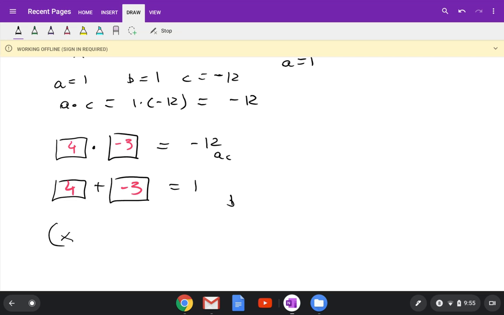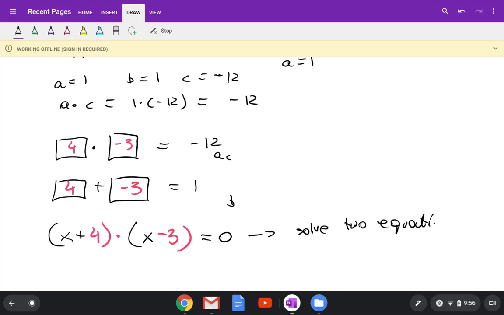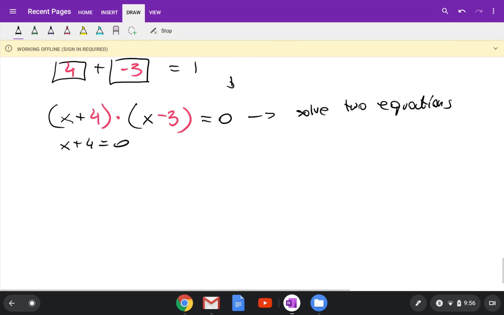You will have x plus the first integer, which is 4, times x plus the second integer, which is negative 3, equals 0. And next, solve two equations. x plus 4 equals 0, and we also need to solve x minus 3 equals 0.